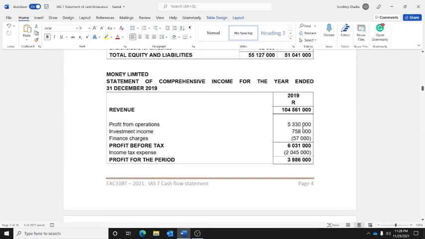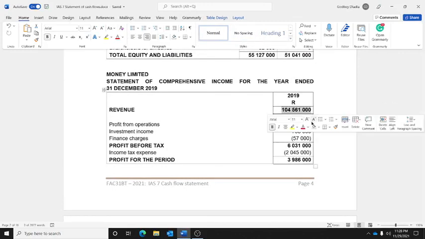You will see it here. If I start here, then I subtract this one from here, right? So it can never include the ones that are after the highlighted one, because I've stopped at the top. The 758 and the 57,000 for finance charge, they are after the 5330,000.